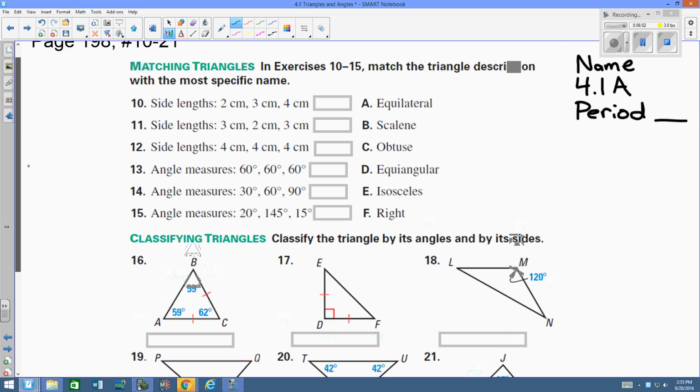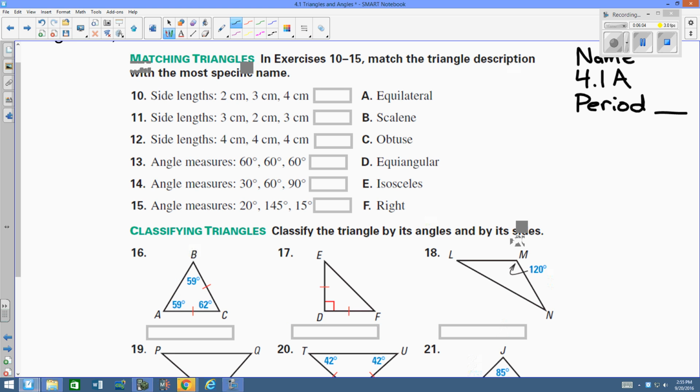All right. A triangle with 3 different sides would be scalene. A triangle with 2 sides the same would be isosceles.